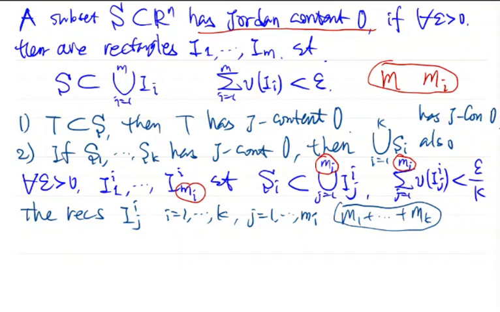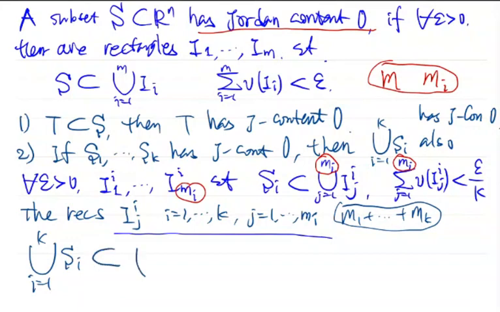For these rectangles, we have the following result. The union over i from 1 to k of S_i is contained in the union over i from 1 to k, then the union over j from 1 to m_i of I_ij.